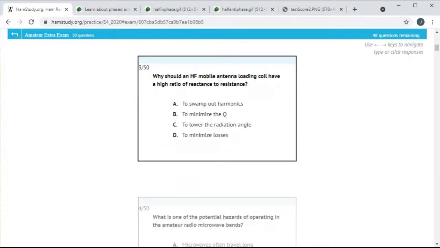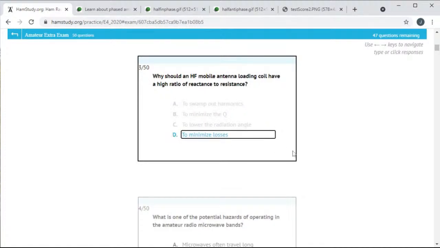Why should HF and mobile antennas' loading coils have a high ratio of reactance to resistance? A, to swamp out harmonics. B, to minimize the Q. C, to lower the radiation angle. D, to minimize the losses.